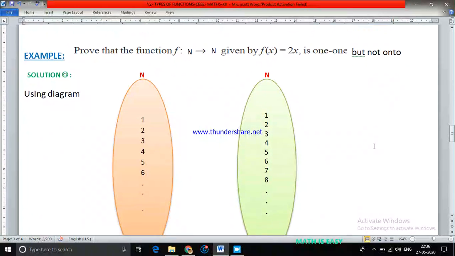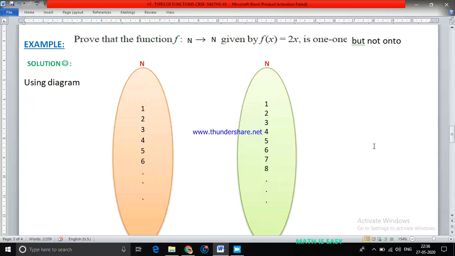So let's take another example to decide. Prove that the function f defined from N to N, natural numbers to natural numbers, given by f(x) = 2x is one-one but not onto. Okay, that is what they said. If I want to do it diagrammatically, f(x) = 2x.